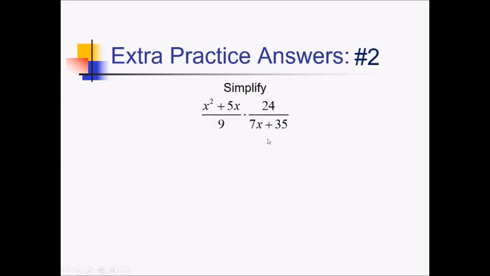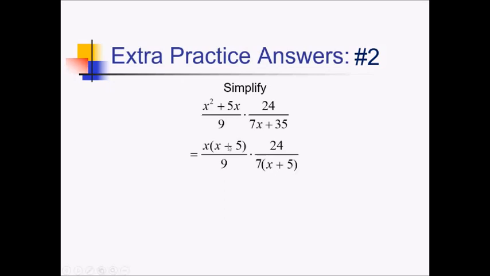To simplify this expression, since I'm multiplying, let me actually factor and cancel out whatever I can and then multiply. So in the upper left here, I can take out an x, leaving me with an x plus 5. And in the lower right, I can take out a 7. That's x plus 5 left over from that.